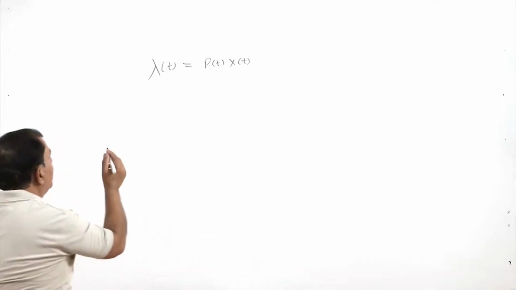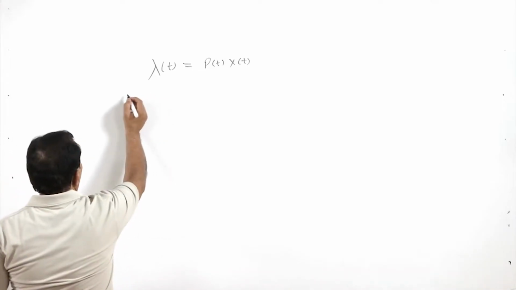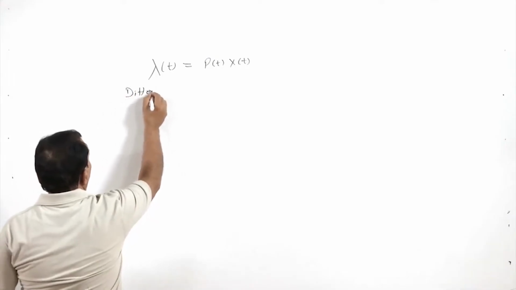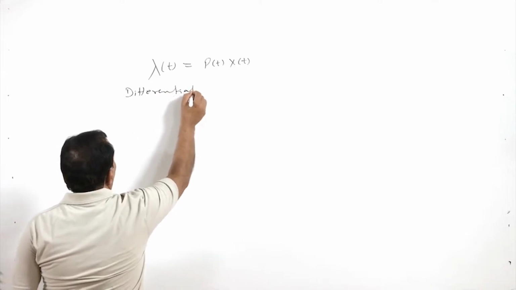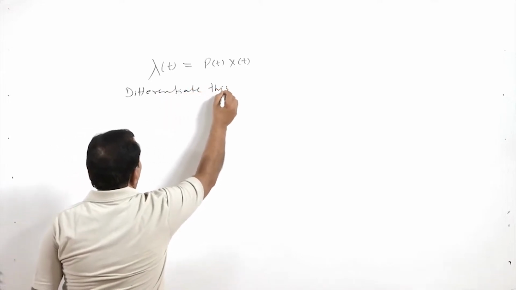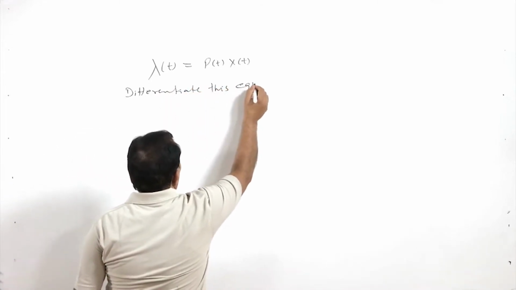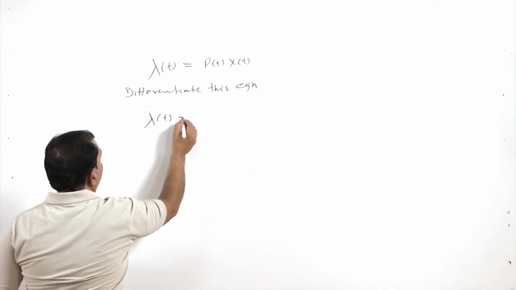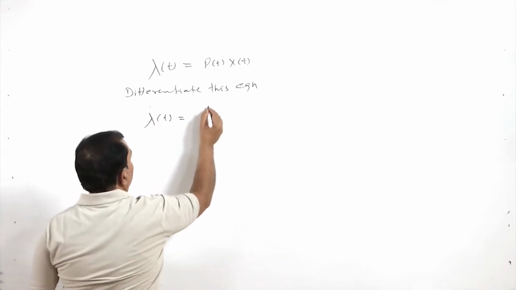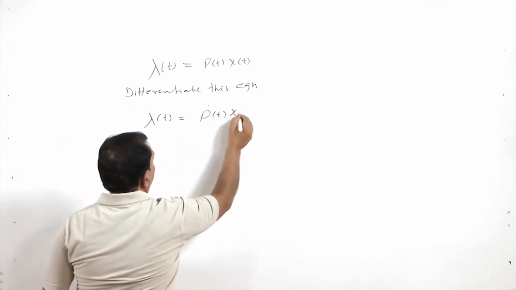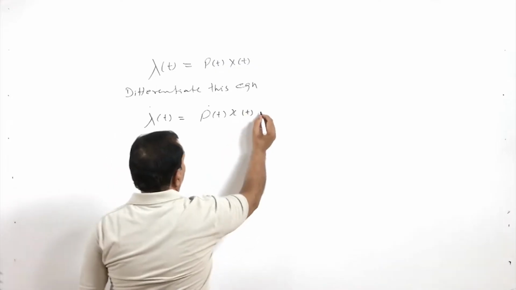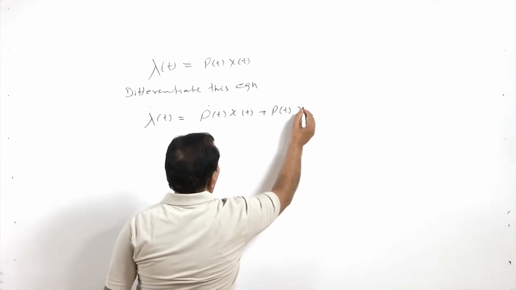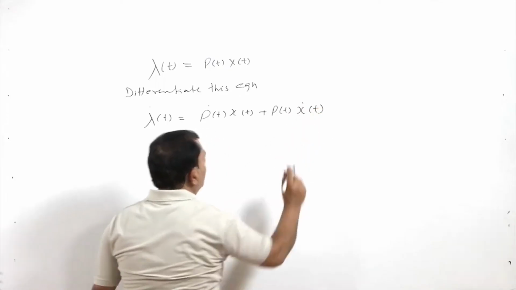If I differentiate this equation, I will get lambda dot(t) as P dot(t) x(t) plus P(t) x dot(t).